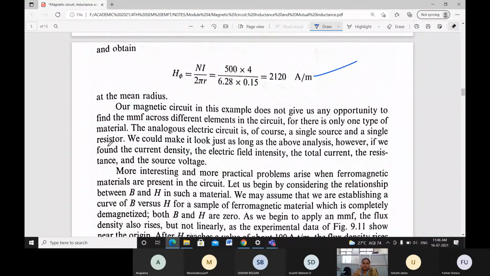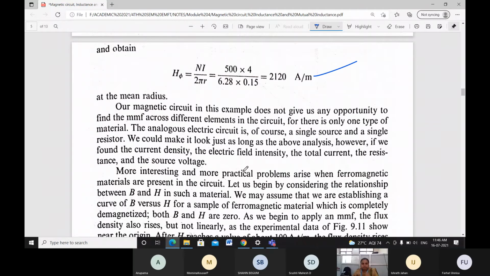We are not going for any magnetic elements. Then we would make a loop, just as in the previous analysis, where we found the current density, the electric field intensity, the total current, the resistance, and the source voltage.